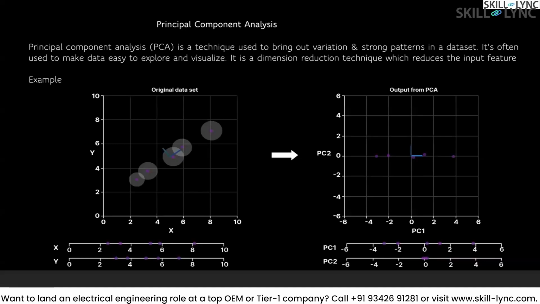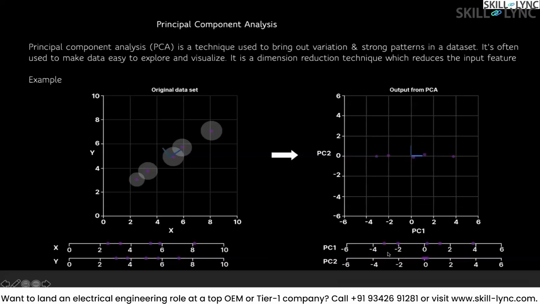So then again, it's up to us whether we have to choose PC2 or not, okay, for our analysis. If we want to come up with a model with 5% of error, then we can neglect PC2 in this second example. But if we want to be very accurate and the error percentage would be, say, 1%, then we have to account for PC2 also in our analysis.